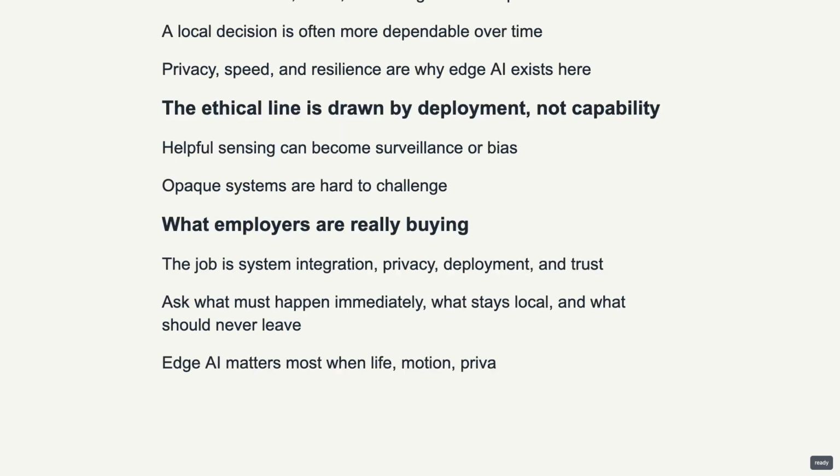Edge AI becomes compelling when the target is alive, moving, private, or spread across places with weak connection. The opportunity is real, but so is the responsibility, because the same systems can be misused for surveillance, error amplification, or other harms if the design does not set clear limits.